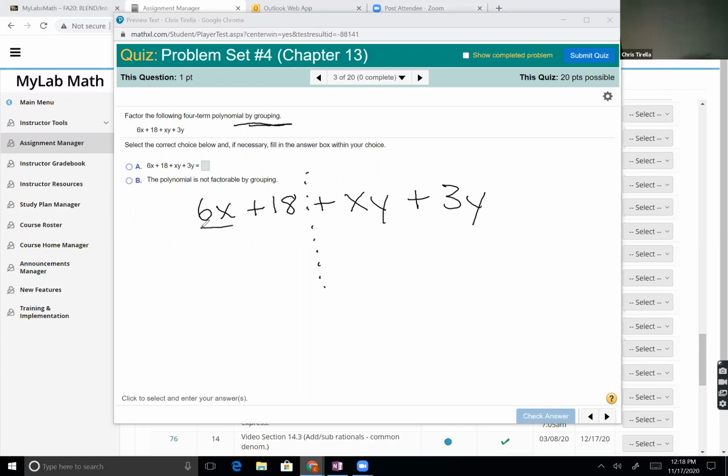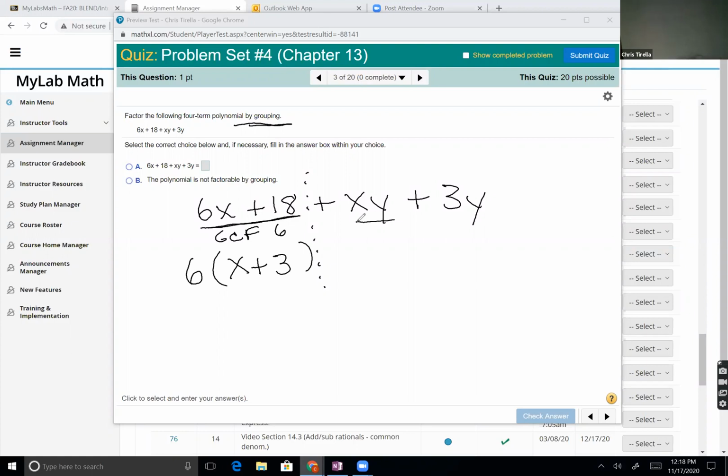So if I just look at this front half, what do they have in common? What goes into both 6 and 18? 6. Beautiful. And so when I factor out the 6, when I divide it out, I'm left with x plus 3.